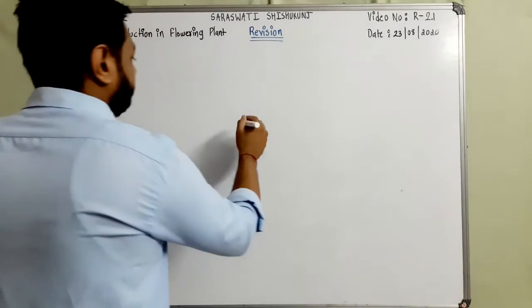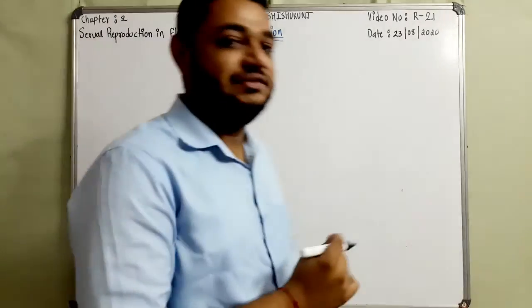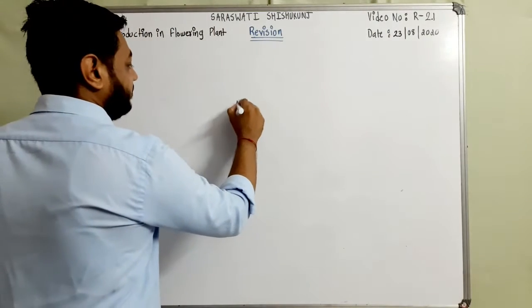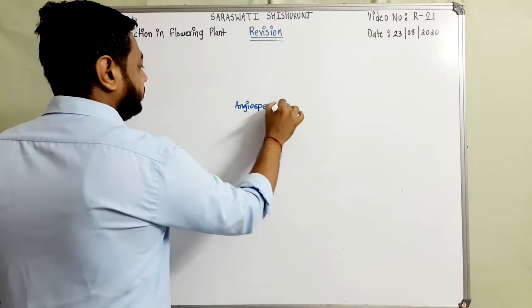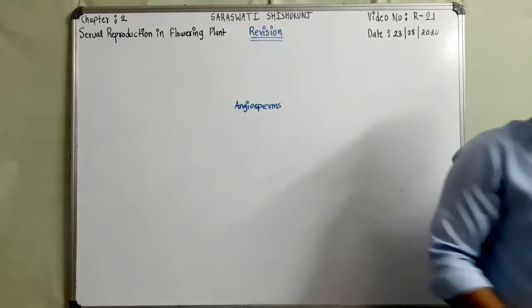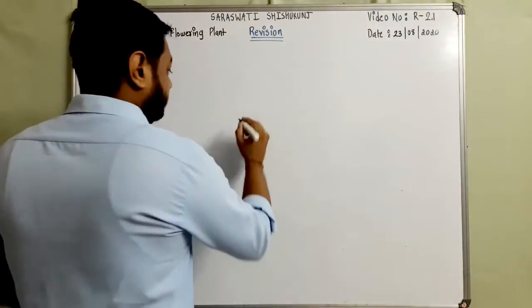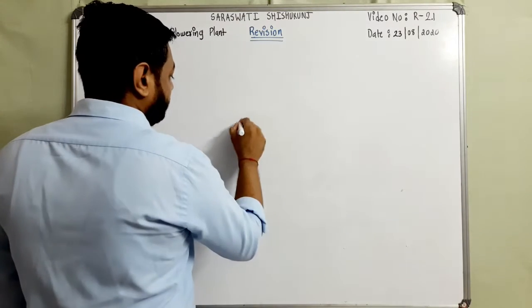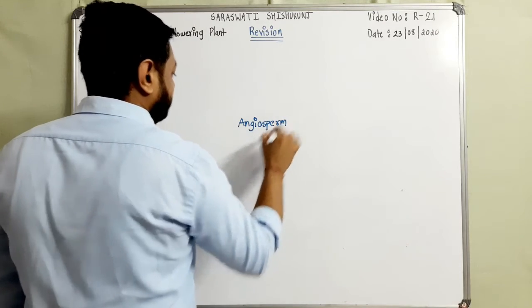So when we talk about flowering plants, it means they are angiosperms, right? Angiosperms are flowering plants which bear flowers.